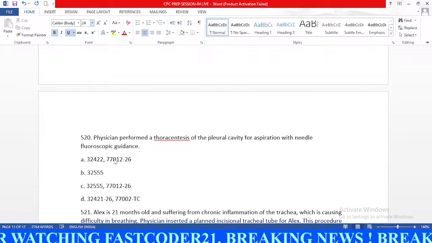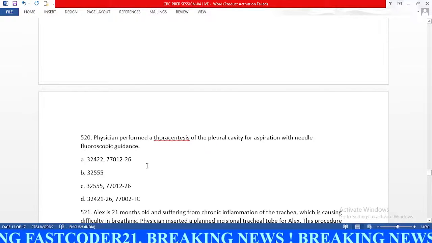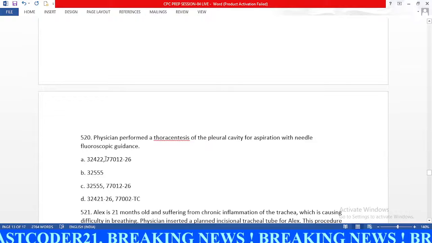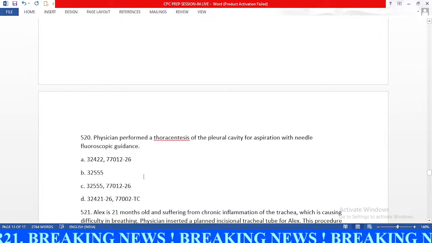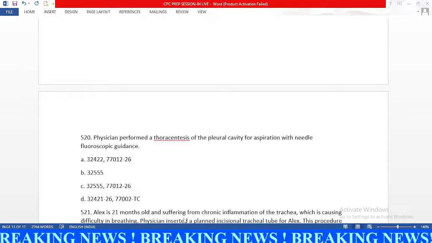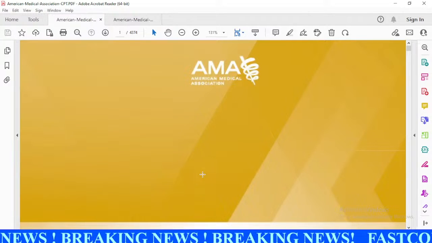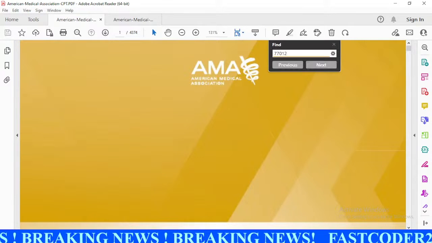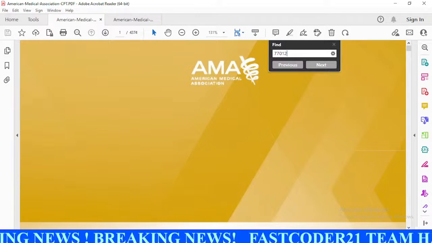We need to filter this question using the fluoroscopic guidance first. As soon as you see this question, you need to check the guidance. 77002, 77012, we will check. What is 77012?